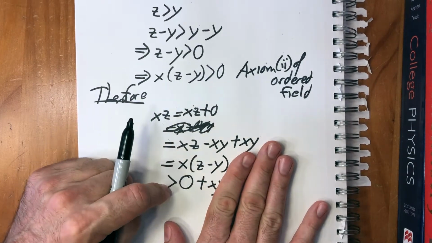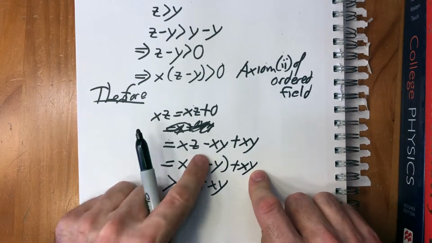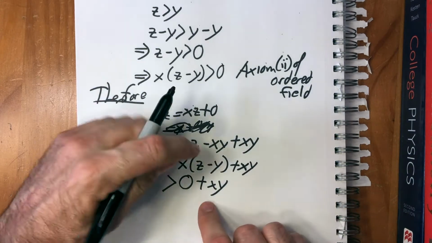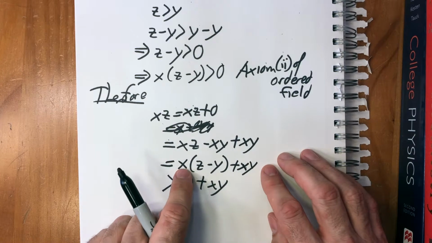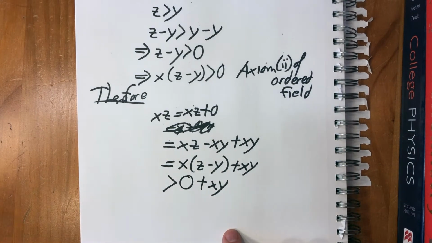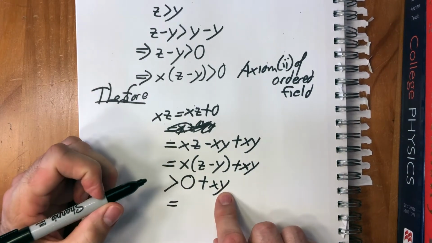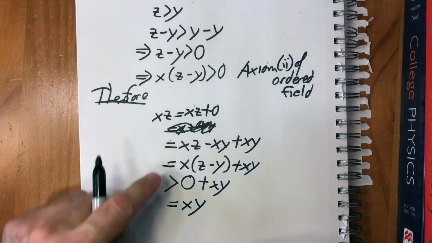This is greater than 0. We know from axiom 1 of ordered fields that if you add the same thing to both sides of an inequality, it preserves the inequality. So we already knew that x times z minus y is greater than 0. Therefore, x times z minus y plus xy is greater than 0 plus xy. And then we know that 0 plus xy is just xy. That's just the identity.